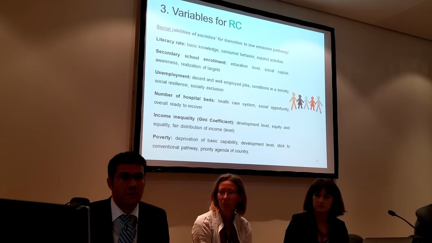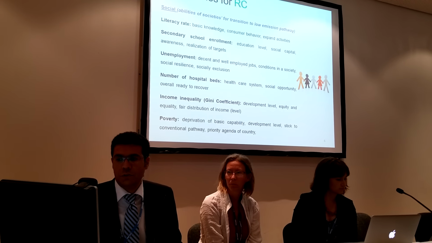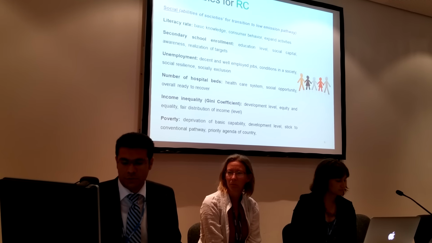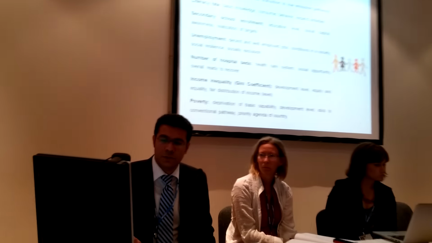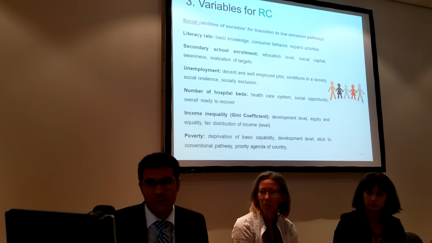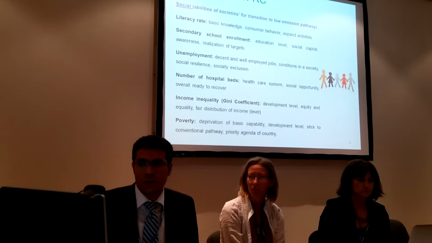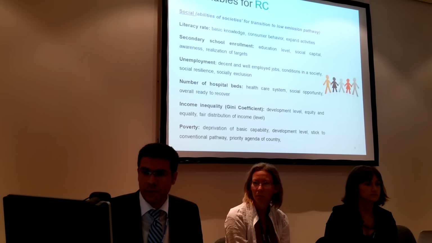It's very important because climate change needs a change of the consumption behavior to reduce the emissions. Unemployment rate, income inequality, and poverty rate are the critical social development indicators. And there's an interesting indicator, number of hospital beds. I think it's very important because it gives information about the society's basic and social infrastructure level.